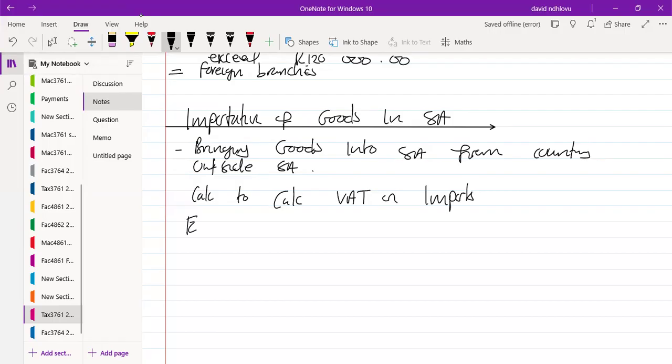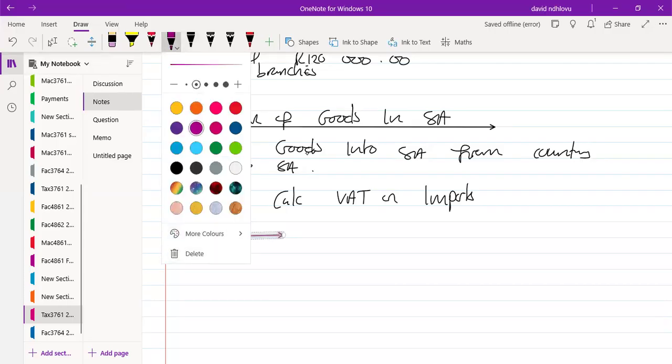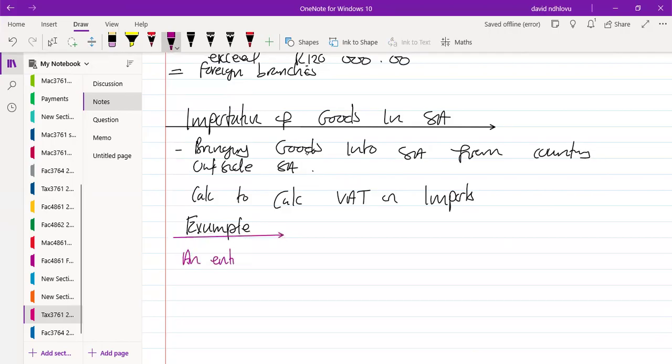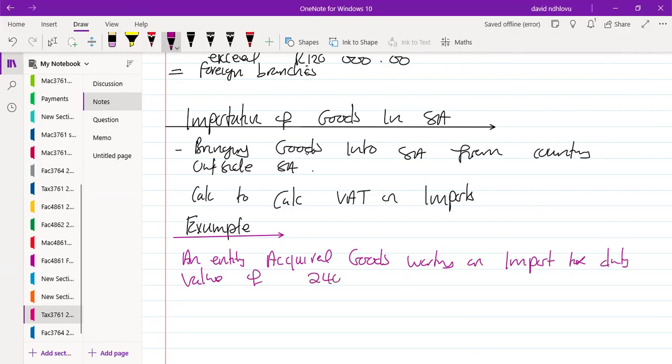Right, let's say as an example here, an entity acquired goods with an import tax duty value of 240,000 rand.